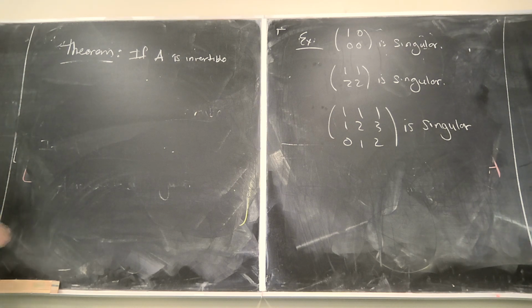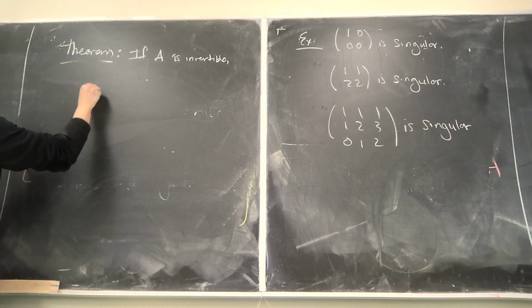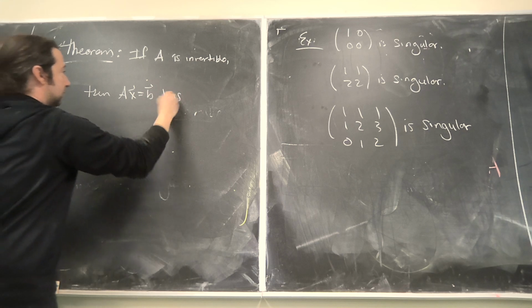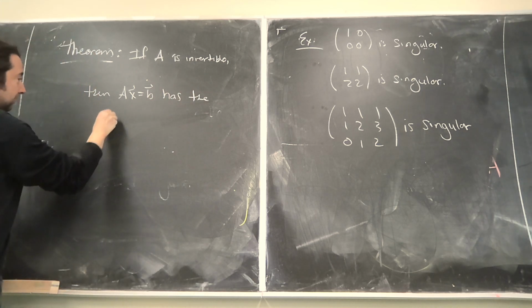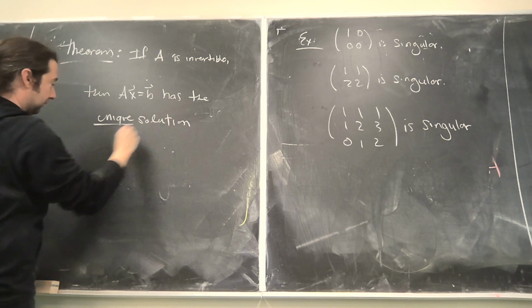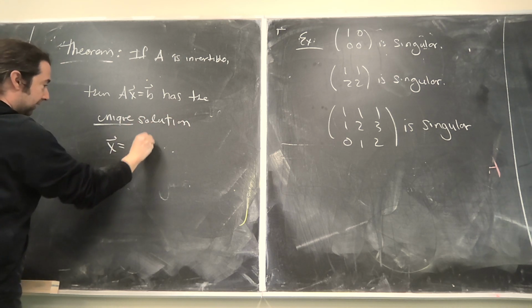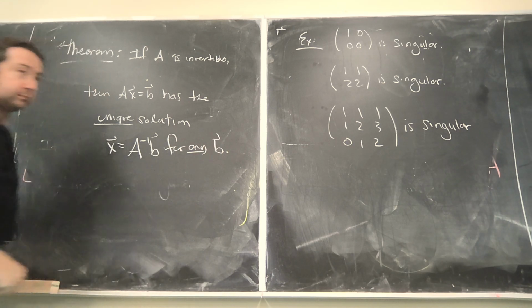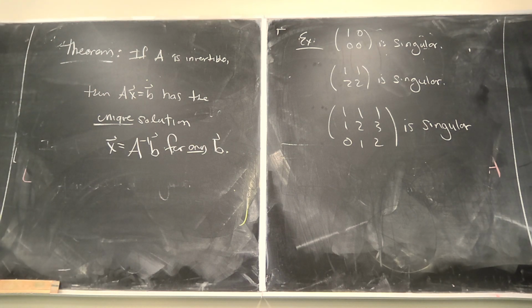If A is invertible, then AX equals B has the unique solution X equals A inverse B for any vector B. Essentially, that theorem says algebra works. If a matrix is invertible, you can do algebra with it, exactly like we would with numbers.